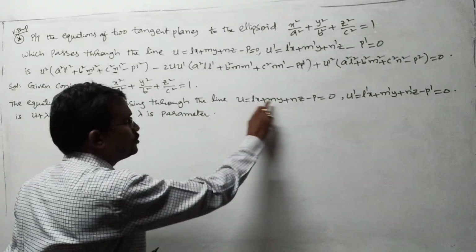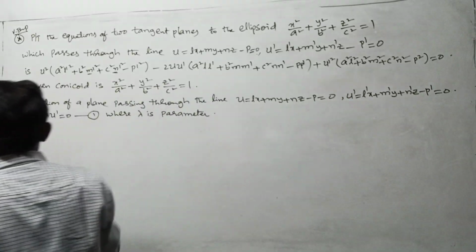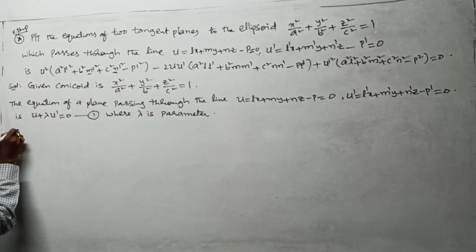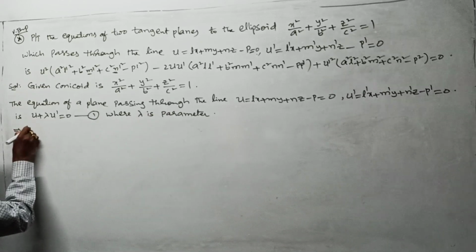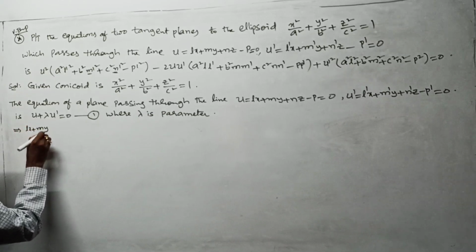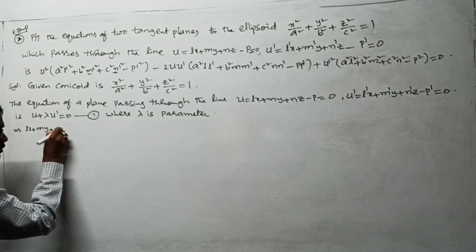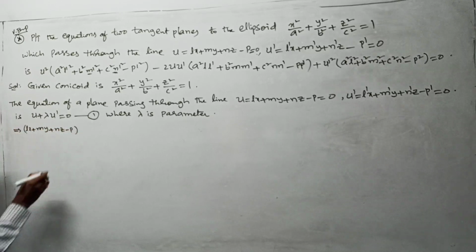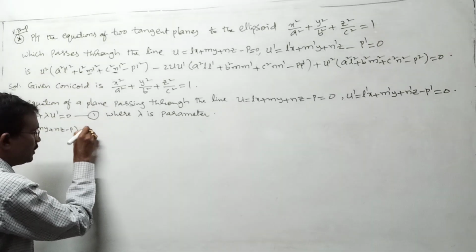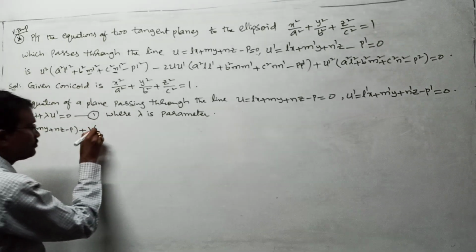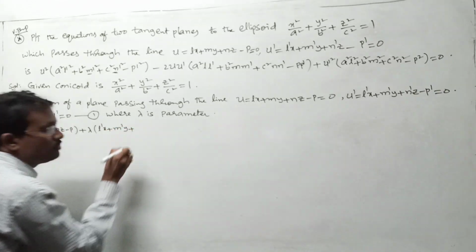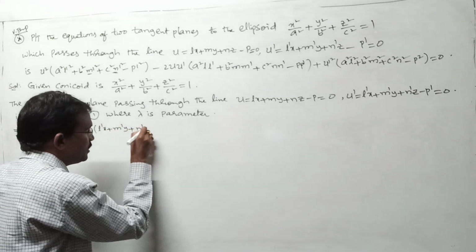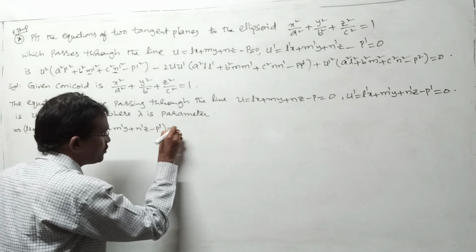For that, I want to substitute this U result and U dash result here. This implies, I want to continue equation 1 also. What is U? Lx plus My plus Nz minus P plus lambda into what is U dash? L dash x plus M dash y plus N dash z minus P dash is equal to 0.